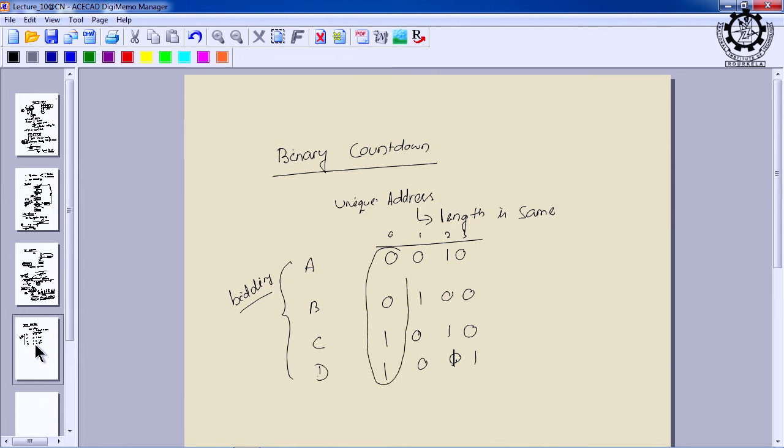They broadcast their addresses, and all the addresses being broadcast by the nodes are logically ORed, that is, Boolean ORed.